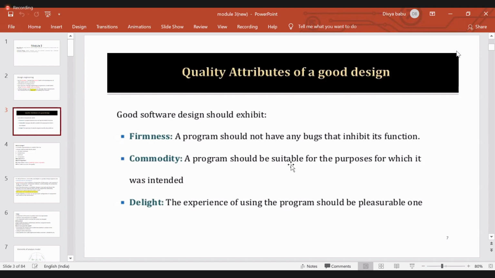Then if any design maintains these three properties, firmness, commodity, and delight, then you could see this design as a good design. Okay. It should not contain any bugs. It should fulfill the purpose, and it is a pleasurable one.